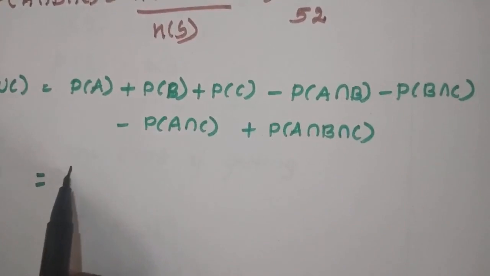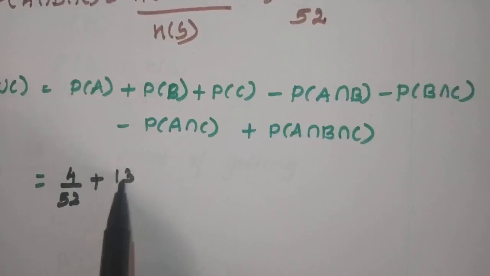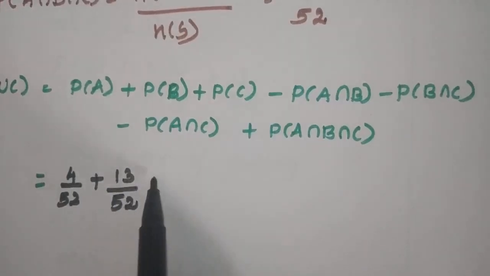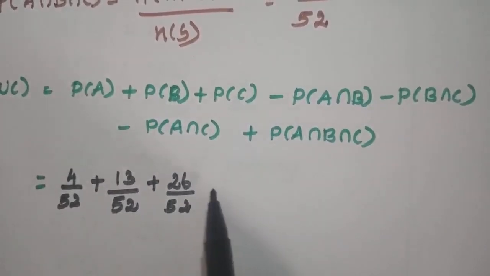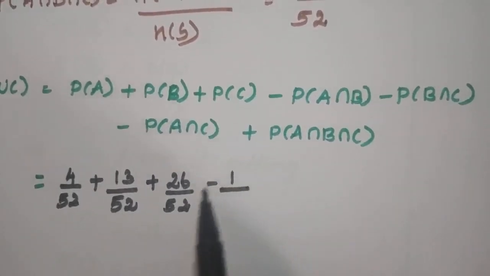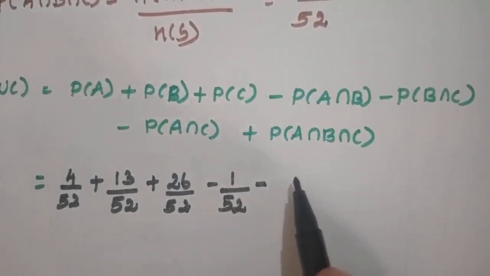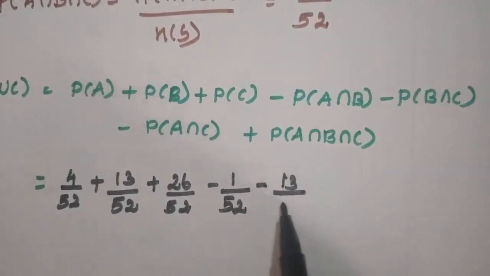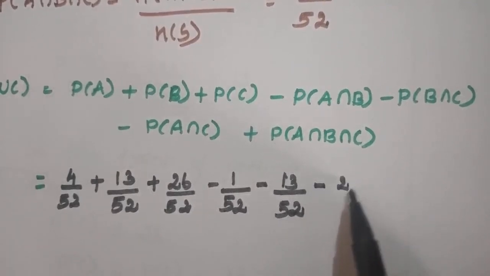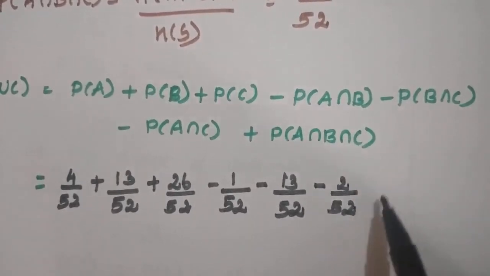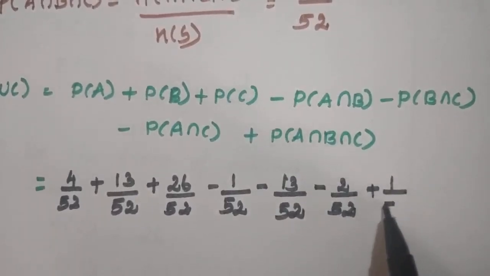P of A as 4 by 52 plus P of B is 13 by 52 plus P of C is 26 by 52 minus P of A intersection B is 1 by 52 minus P of B intersection C is 13 by 52 minus P of A intersection C is 2 by 52 plus the last one, P of A intersection B intersection C is 1 by 52.